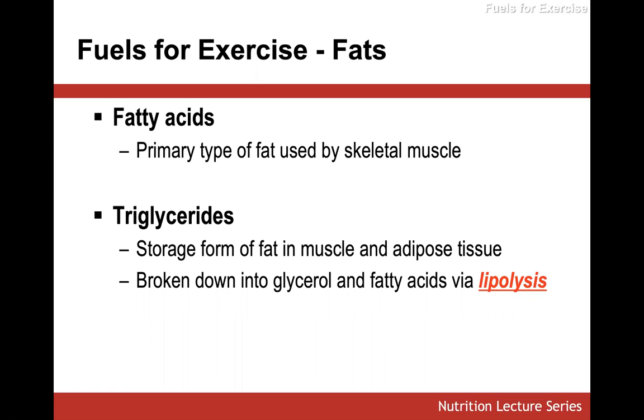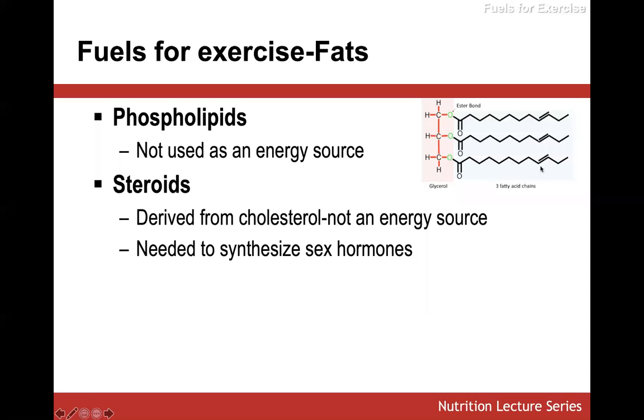Triglycerides are a stored form of fats, and basically a triglyceride is just a single glyceride molecule with 3 fatty acid chains on it, and that's what you see right here. Other uses for fats are phospholipids. These make the membranes of cells and stuff like that, and also steroids.